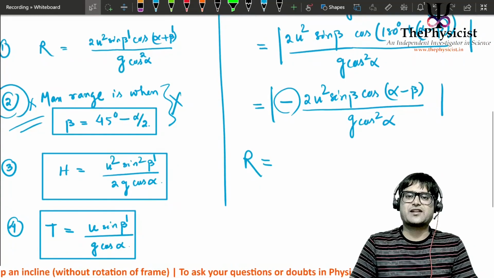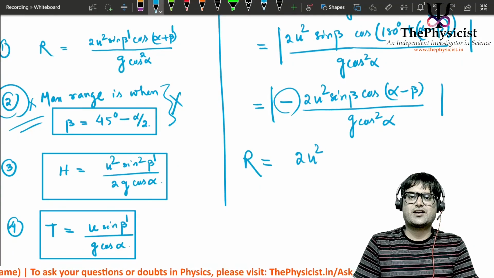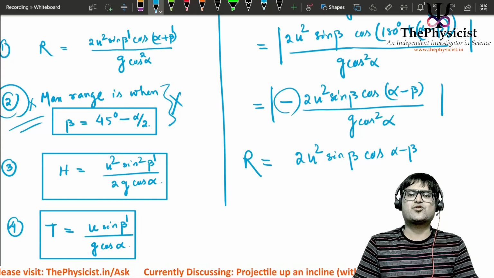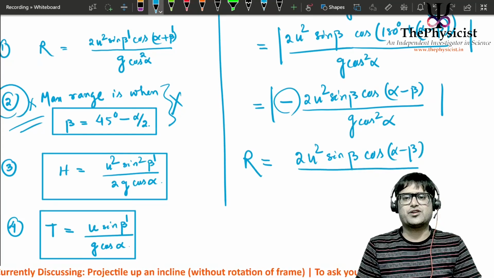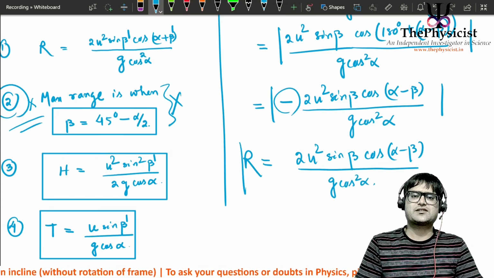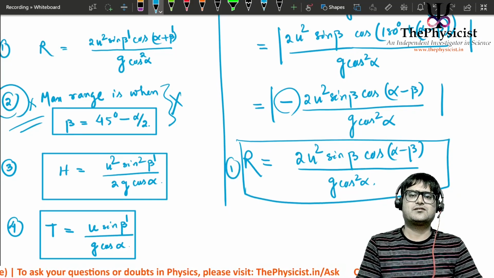That means if you take the modulus, it is going to be 2u squared sine of beta cosine of alpha minus beta, because you already know it's down the incline, so all that matters to you is just the absolute value, divided by g cos squared alpha. That's it. You found the range down the incline, right?